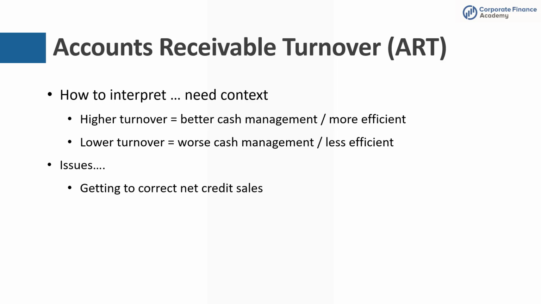But there's some issues with this. So you need to get the correct net credit sales, like we talked about. If you have a business that has a large amount of cash sales, or you're forgetting to take out any discounts or rebates, and you're looking at total credit sales even though some of it isn't expected to be paid, you're going to have a metric that's a little off.